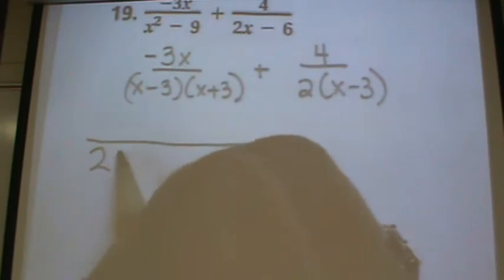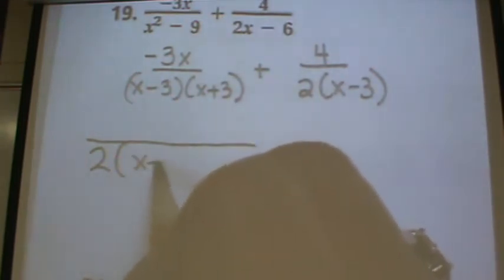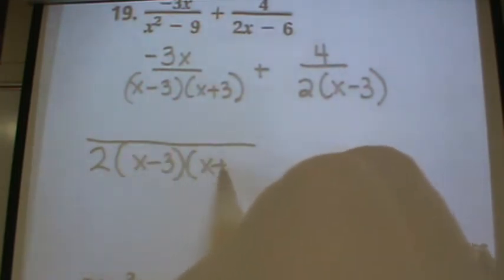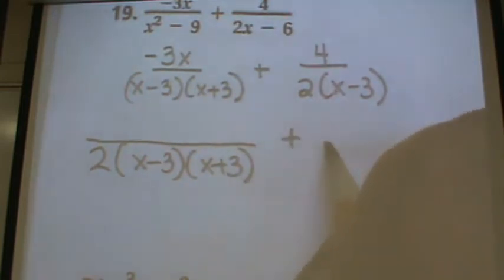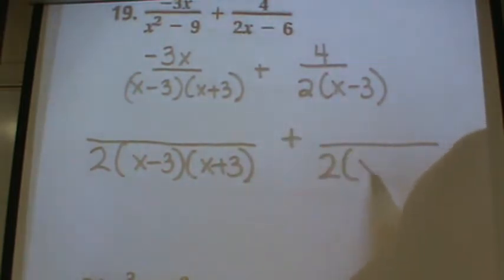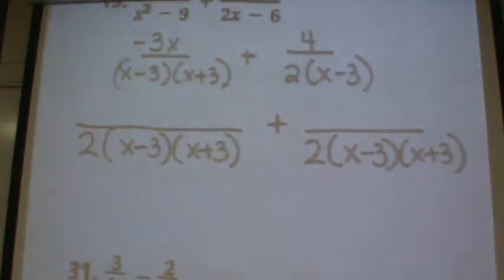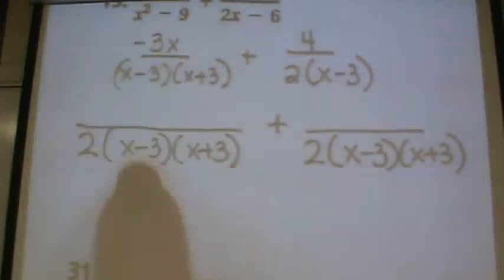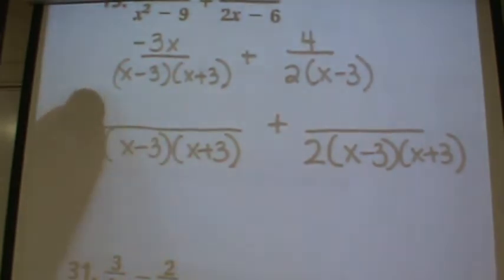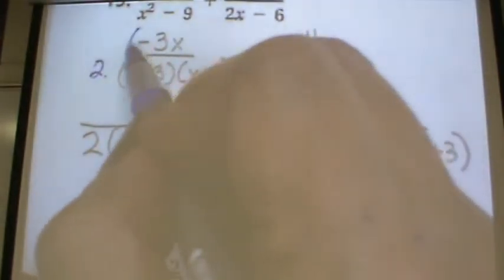A 2. You got it. Okay, so in the top, the first fraction, what are you missing? A 2. So you need to multiply this by 2 and this by 2.